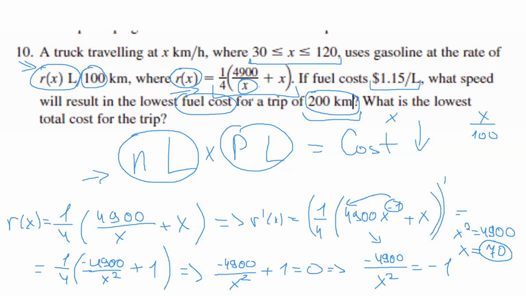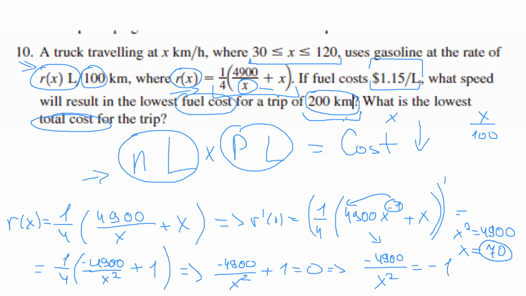How? If I have 70 here plus 70 here, 140 divided by 2 is 70. So I spent 70 liters and cost per liter is 1.15. That's why they give you cost per liter, because they want you to find the total cost for the trip, the lowest total cost.